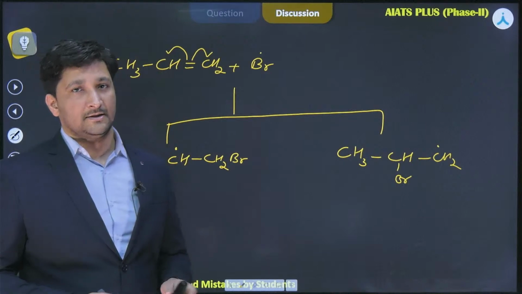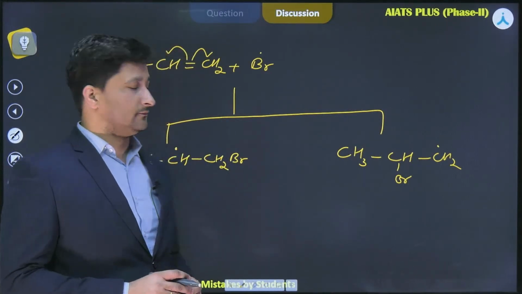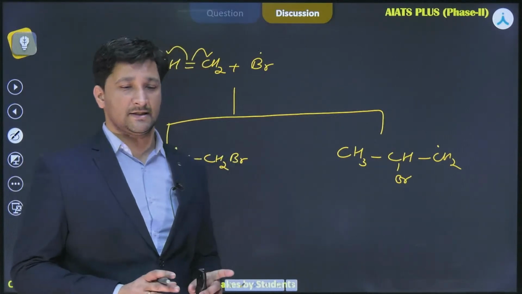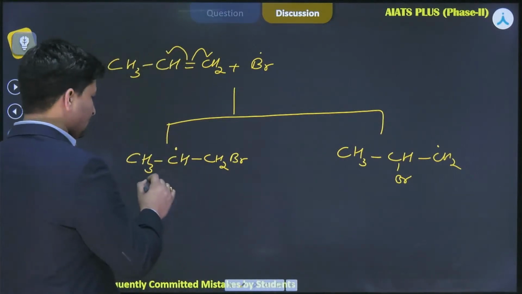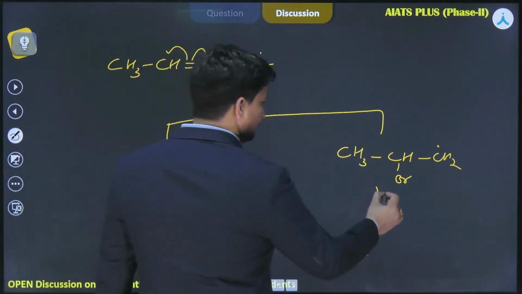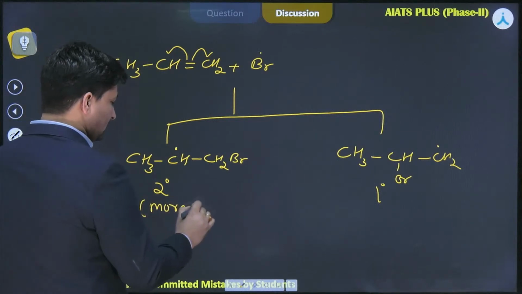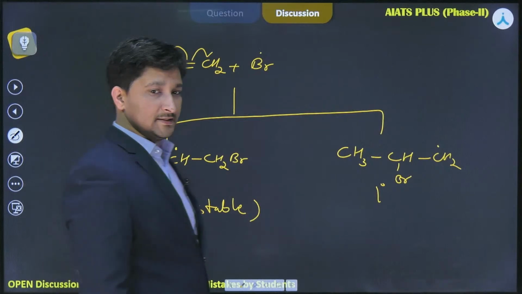There you will find GOC ka Taaz Organic Peraz by Pankaj sir, and in that also it has been discussed that why 2 degree free radicals are more stable through hyperconjugation. So this one is 2 degree, this one is 1 degree, this is more stable, and as it is more stable, this will be formed as the major compound.